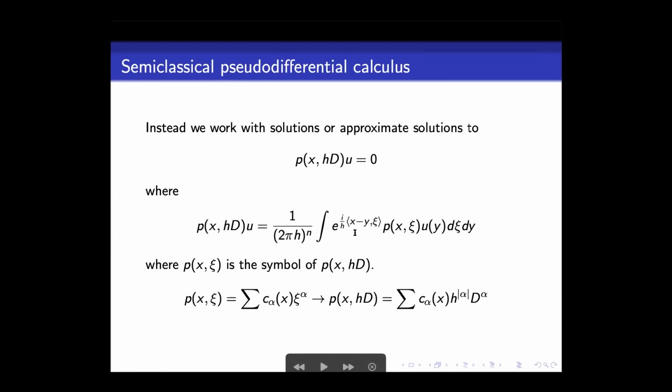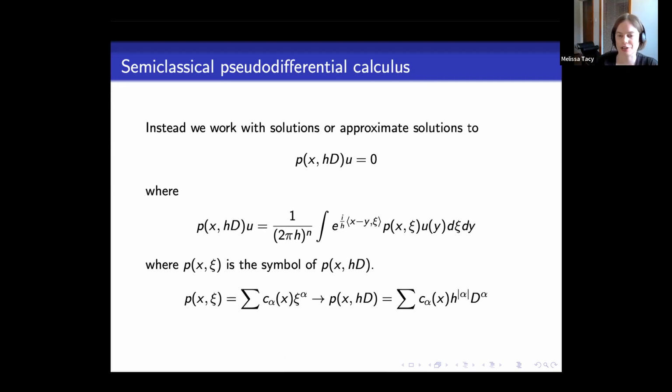Now, if you're familiar with standard pseudo-differential operators, this should look very much like the formula from those. The only difference is you've got this h factor in here and a normalization, which keeps everything nice in L^2. If you're not familiar with pseudo-differential operators, you can think about this.